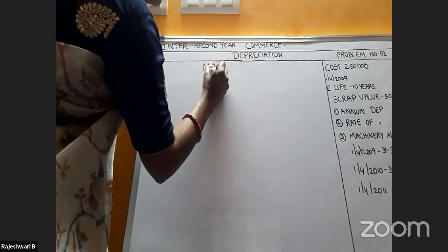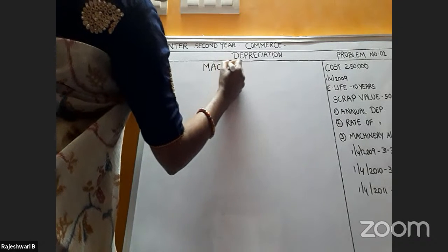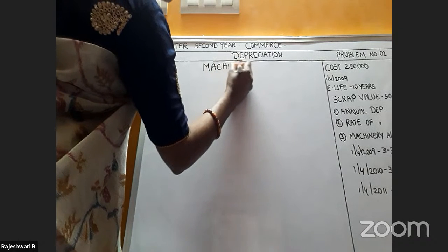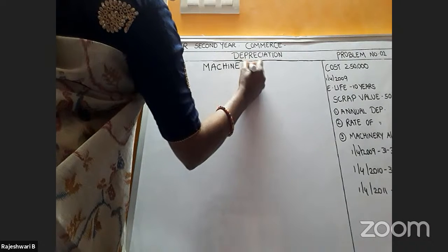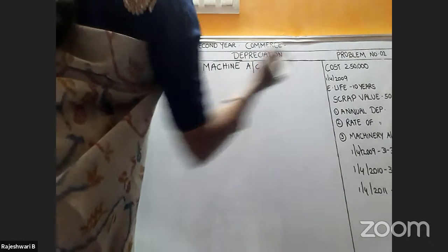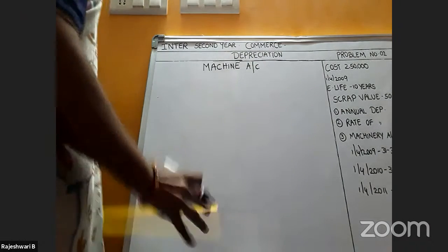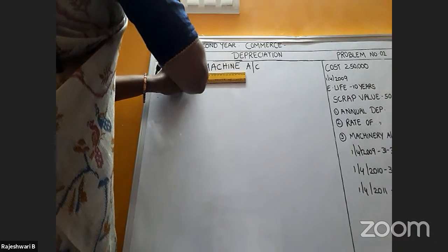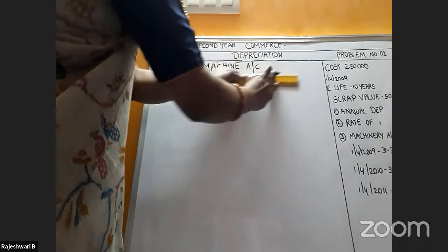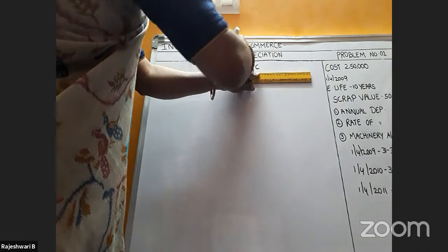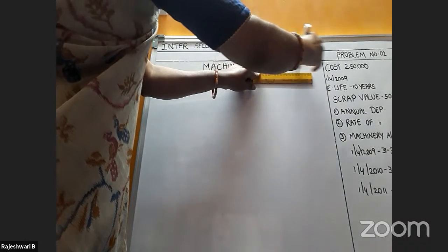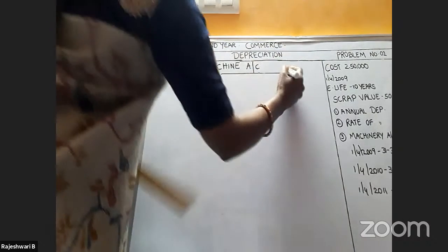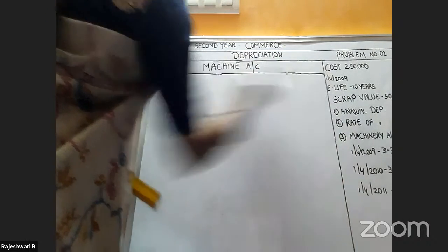Machine account. Third one is machine account. We have to prepare.